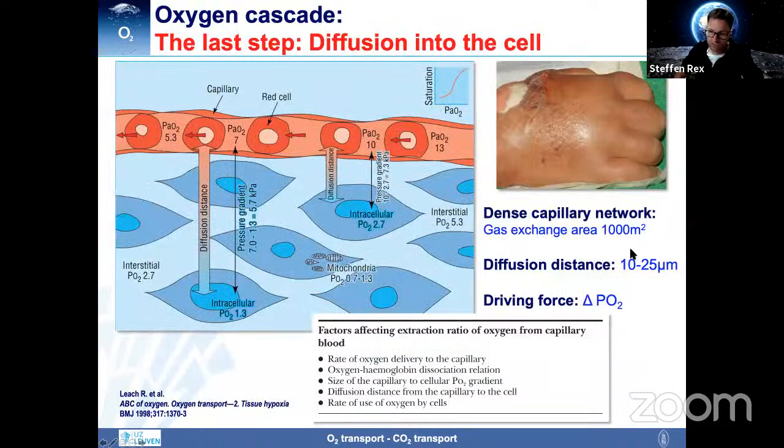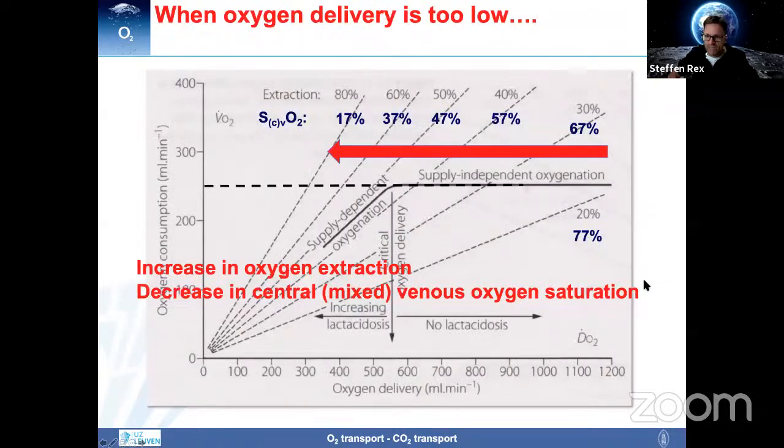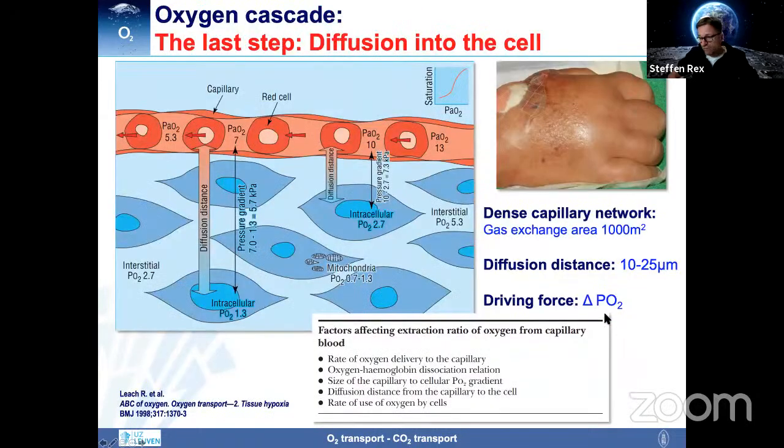Imagine you could rent this in the center of Leuven. You would be very rich. And the diffusion distance is also rather small, 10 to 25 micrometers. And the driving force is then the pressure gradient of oxygen between the capillaries and the cells.